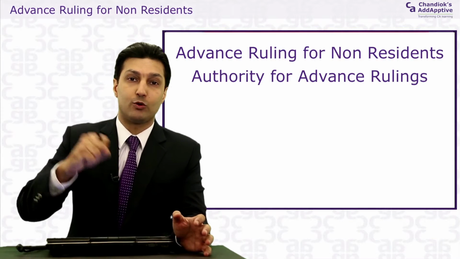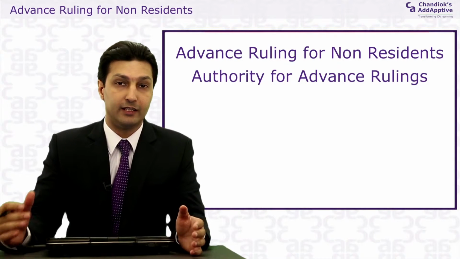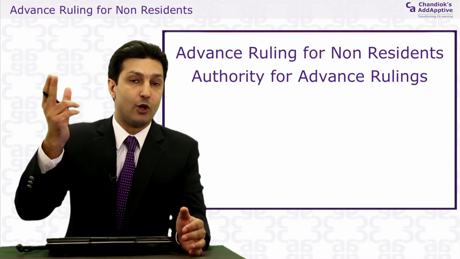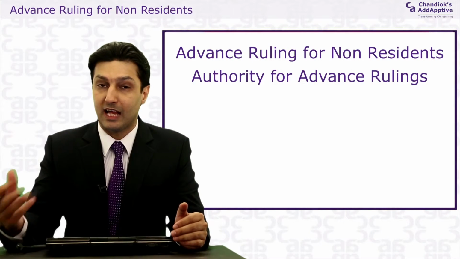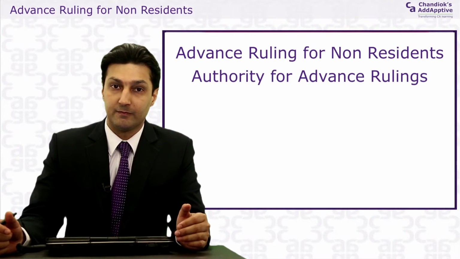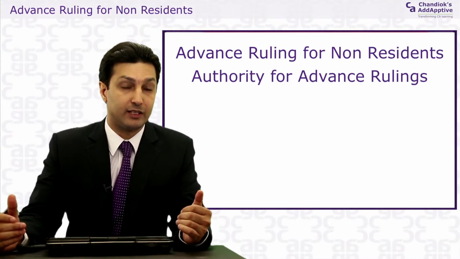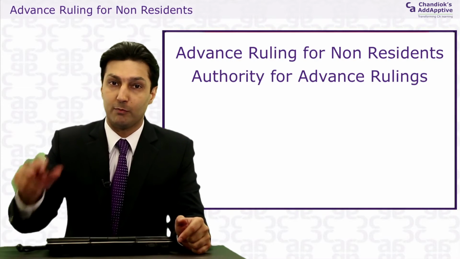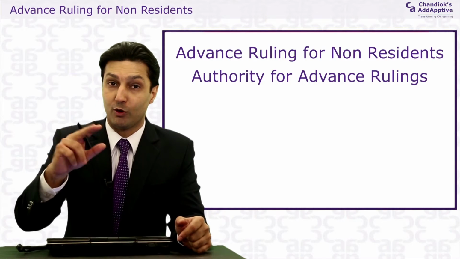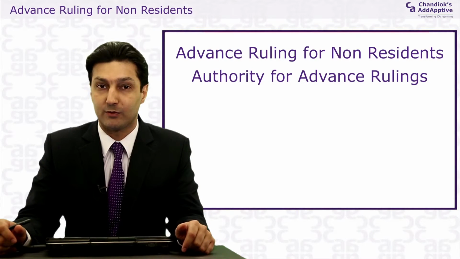So now BSNL could raise a point with the authority for advance ruling saying, is the income of the non-resident chargeable to tax in India? If it is, then they will be liable to deduct TDS. Once a written opinion comes from the authority for advance ruling, that will be binding, not just on the parties involved, but also on the AO, which means tomorrow the AO cannot take a different view than what is given in the authority for advance ruling.